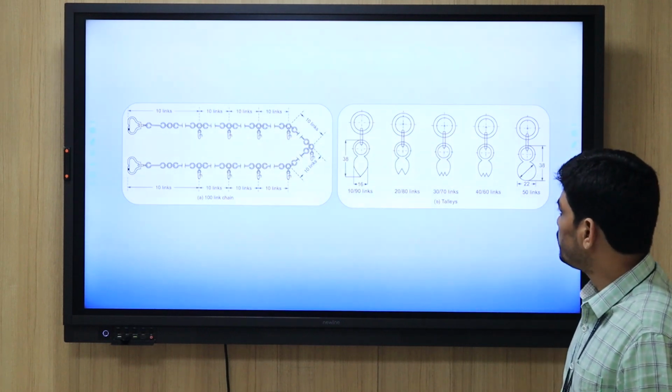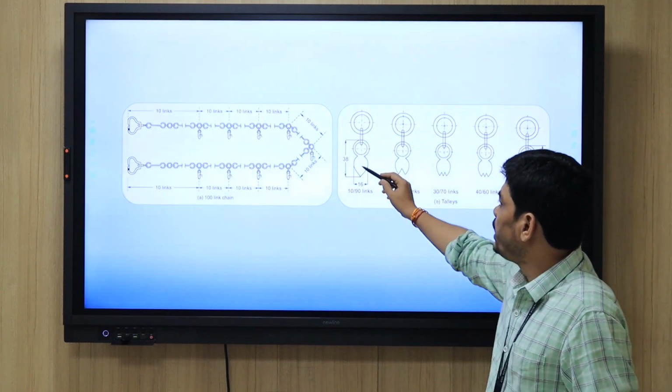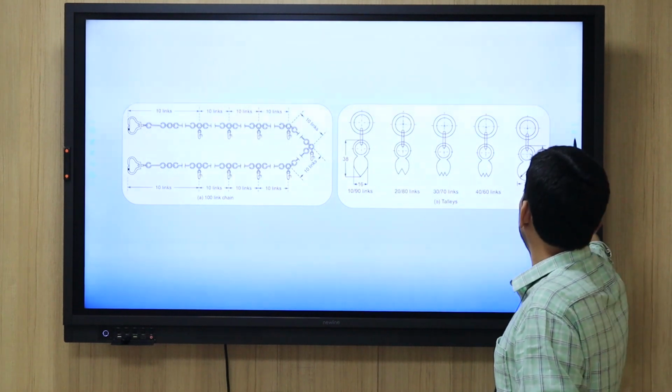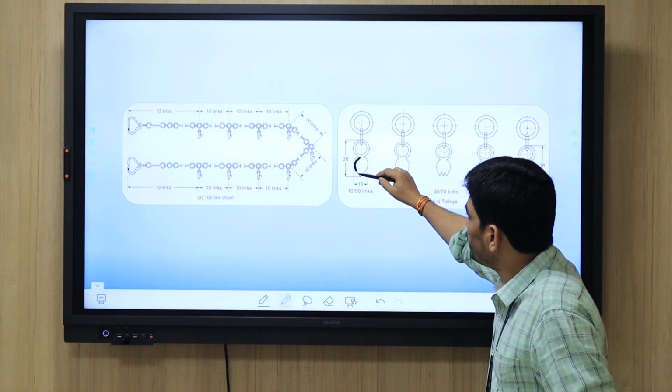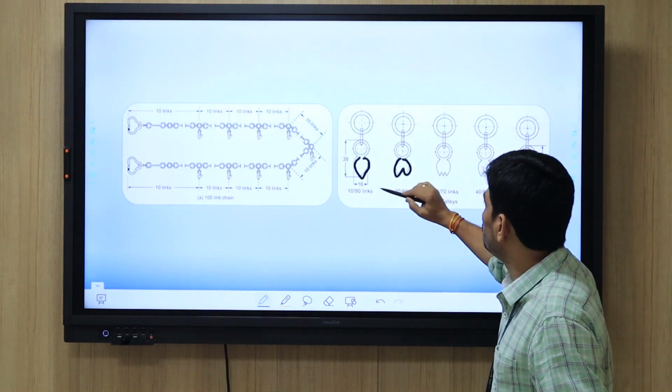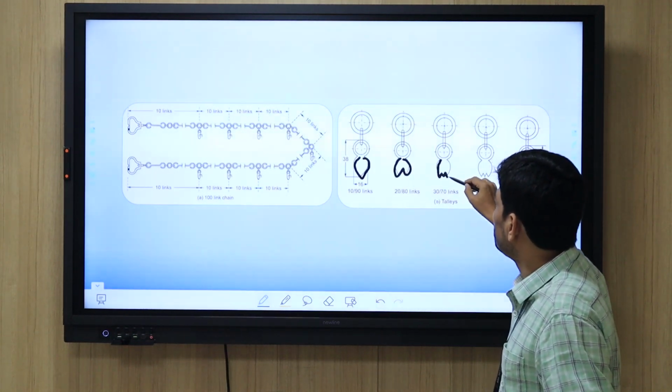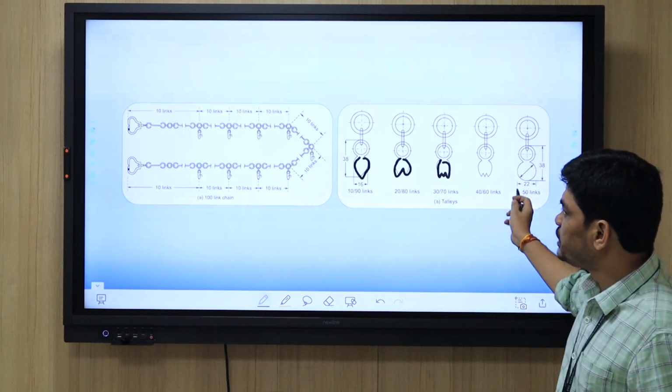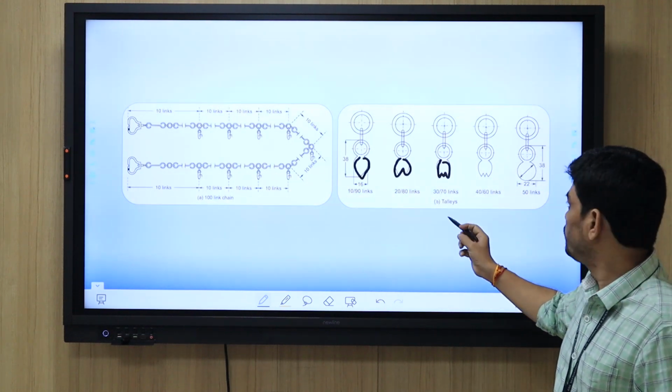These are the tallies. The initial tally looks like a single thing, for 20 meters or 20 divisions 2, for 30 meters 3. These things should be properly checked.